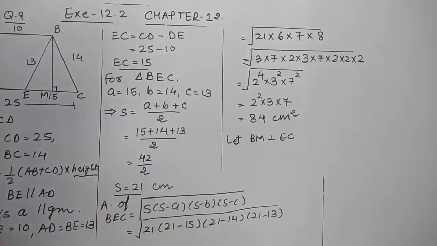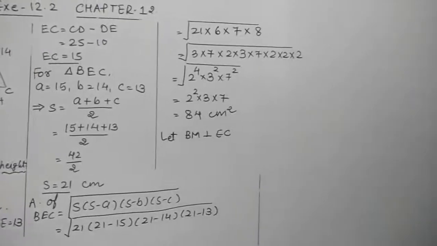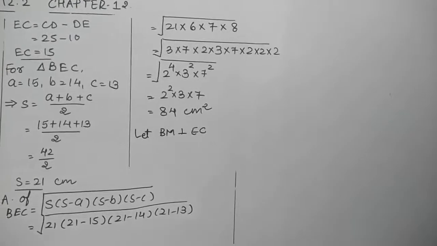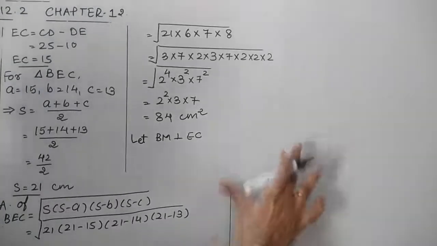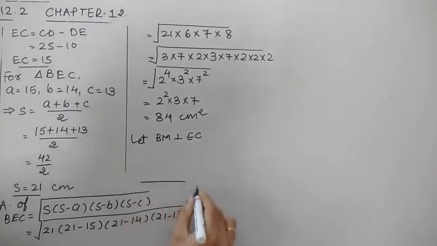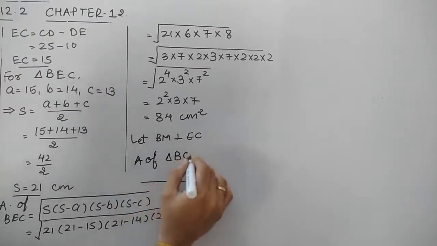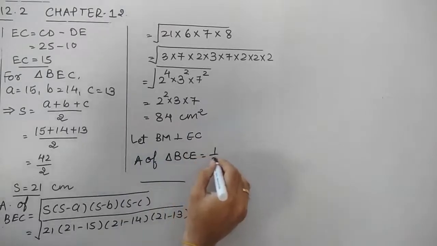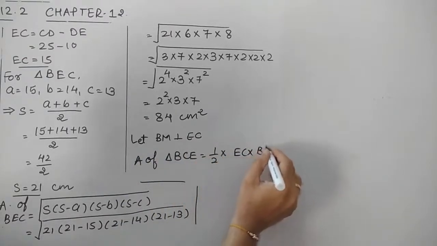So we can obtain the value of BM which we require to find out the height. Let's find out this length BM using the area of the triangle. The area of a triangle is half into base into height. So area of triangle BCE is half into its base into the height.